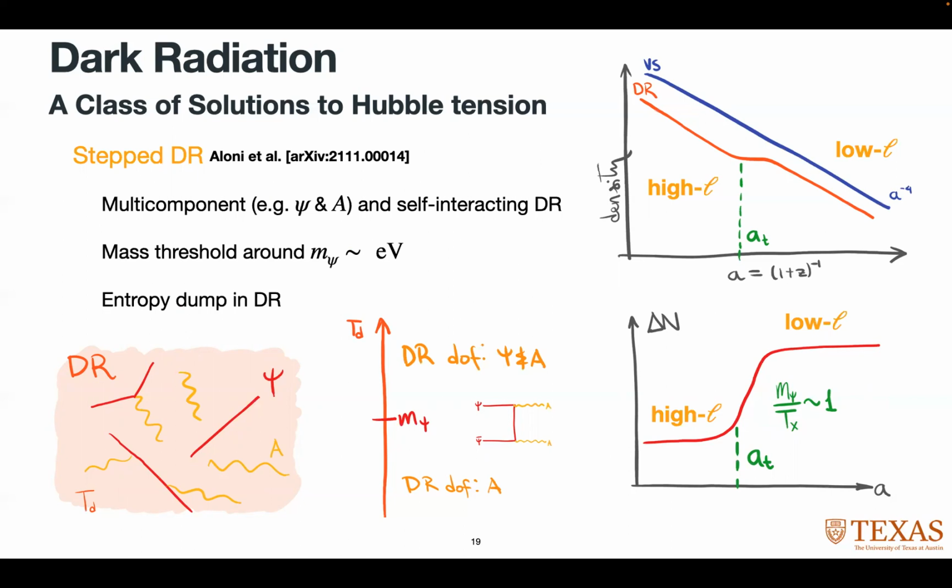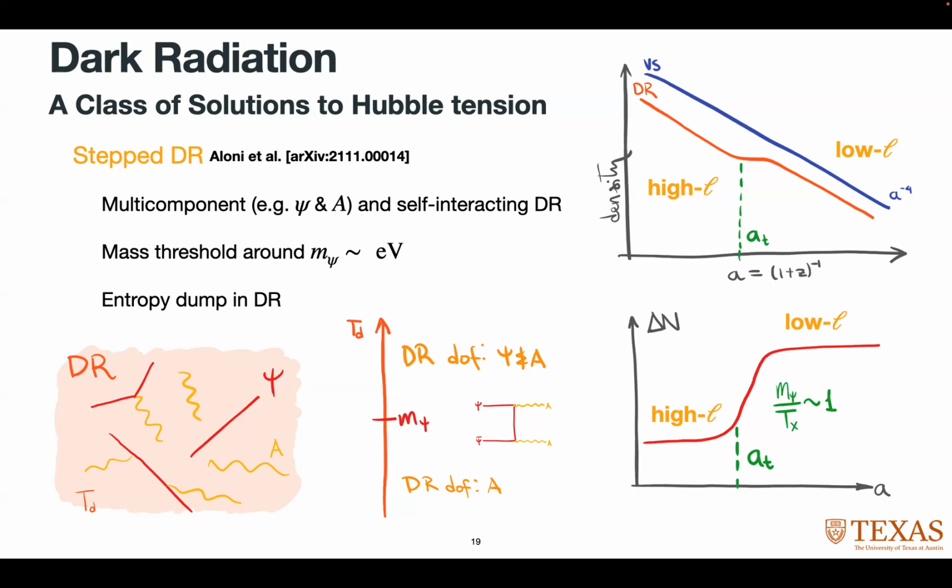Above this threshold, the degrees of freedom in dark radiation are the dark fermion and dark photon, and below that, there's only the dark photon. Then, due to the conservation of entropy, there is a boost that increases the temperature around this threshold. Yeah, this gives you this density step, which gives a good fit to the Planck data.